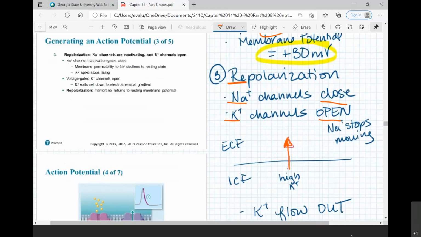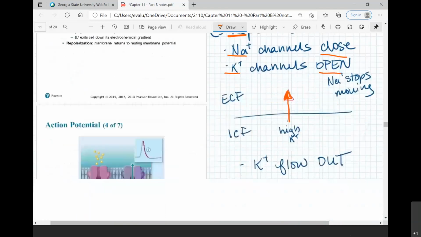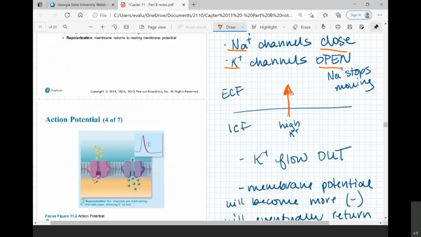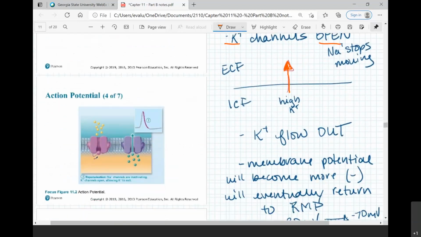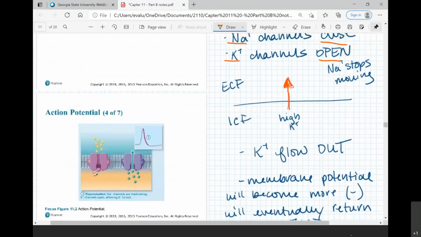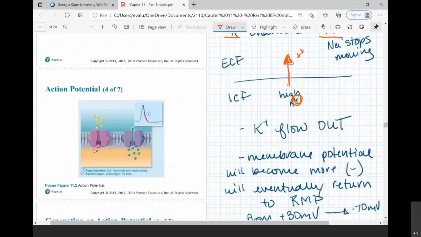Our sodium doesn't move because it's not related to our potassium. They are separate concentrations. If we open our potassium gate, our potassium moves out of the cell to the extracellular fluid. If it moves out of the cell, we have a lot of positive ions moving out. That means the inside of the cell will become more negative.